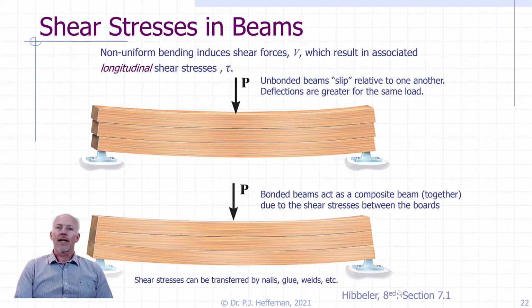Well, think of the parallel axis theorem and our moment of inertia. If they're behaving independently, there is no parallel axis theorem. All you have is each one's own moment of inertia about its own axis, 3 of them stacked on top of each other. Whereas if we bring them all together, the top one and the bottom one are going to have an Ad squared term in addition to their own moment of inertia. That's why the composite beam is so much stronger than independent beams. So shear stress is really important in beams. We're going to have to look at it, and that's what this section is all about.